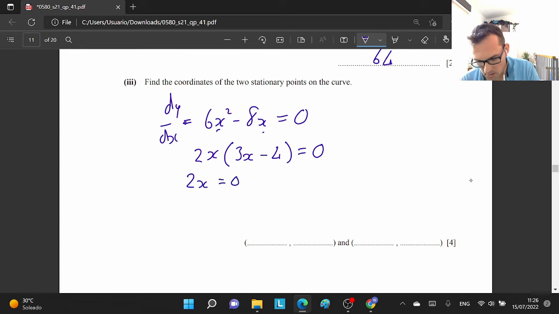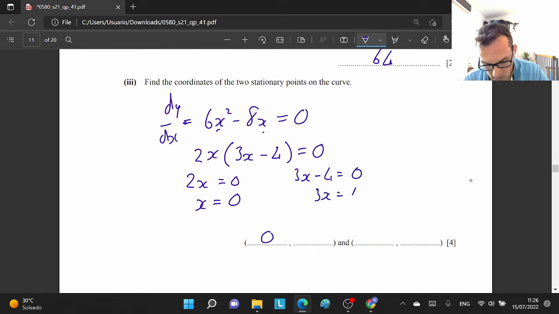Each of these parts will be equal to 0. So x equals 0 will be our first coordinate, and the other one, 3x minus 4 equals 0. That means 3x equals 4, and x equals 4 over 3. You can write it as a fraction or as a decimal, 1 1/3, whichever you prefer.